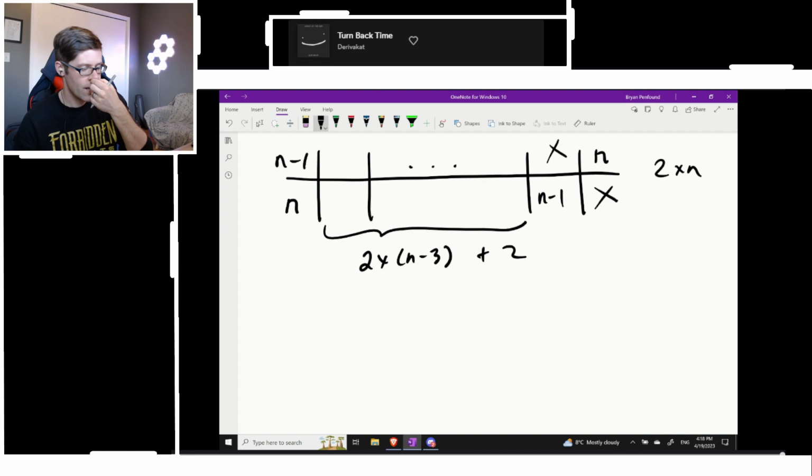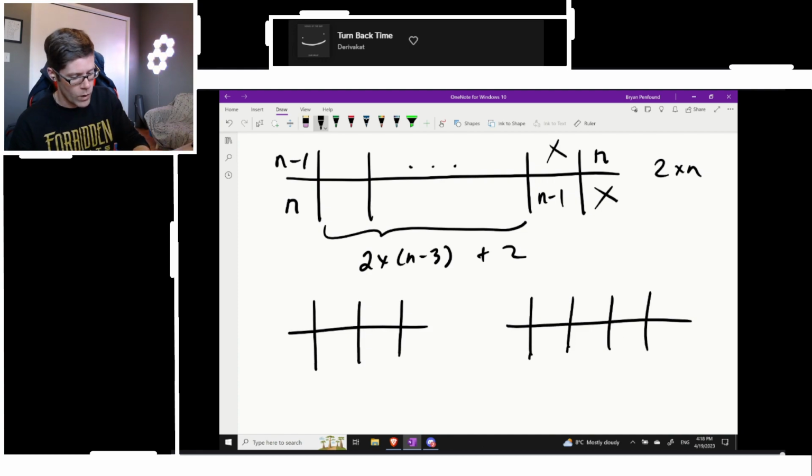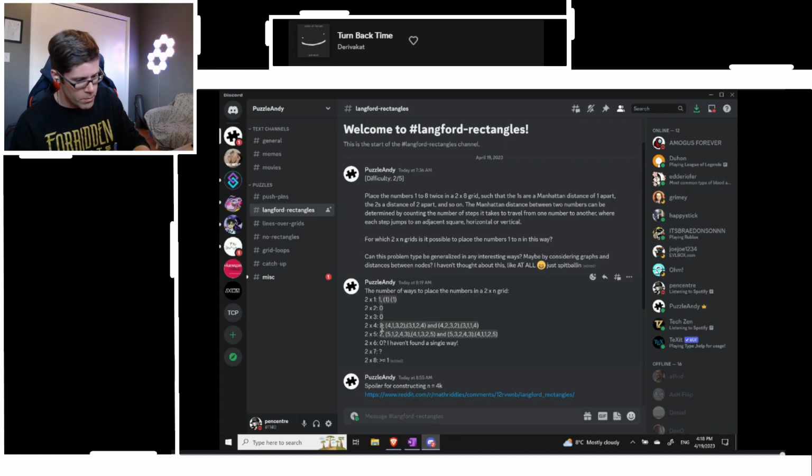So I'm wondering if it's because of these extra 2 blocks. Let's take a look at a couple smaller cases again. So the 2 by 4 we know works, right? Wait, what did we say worked and didn't? 2 by 4, 2 by 5 both worked.